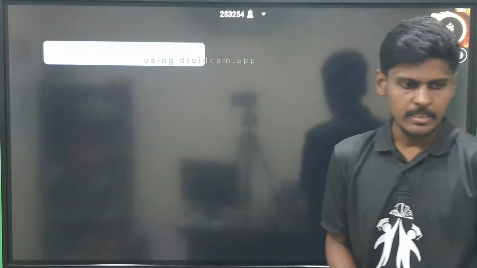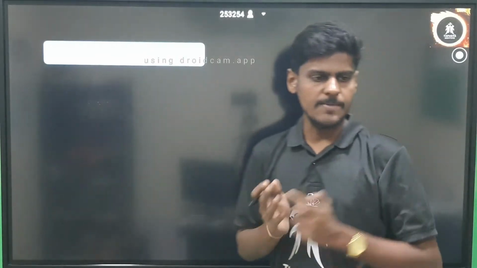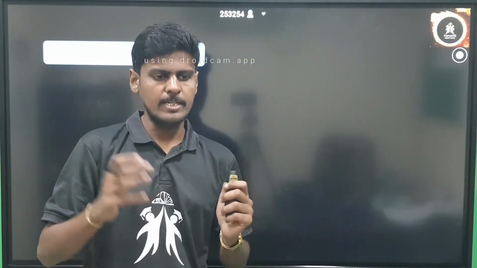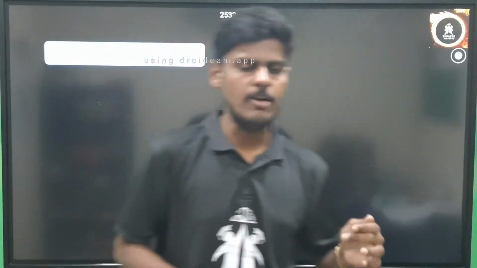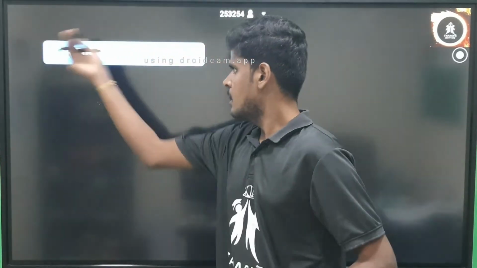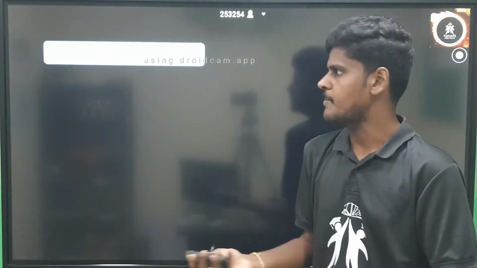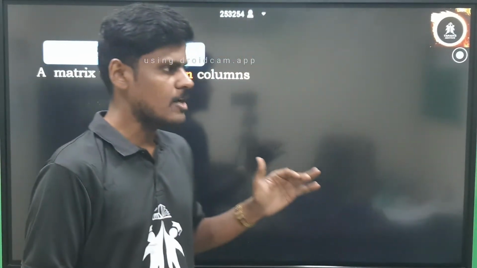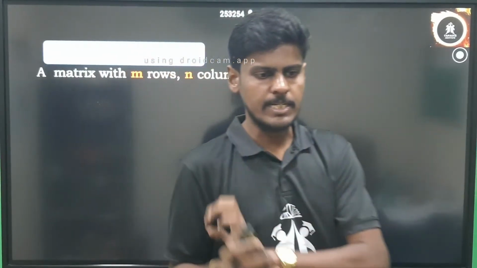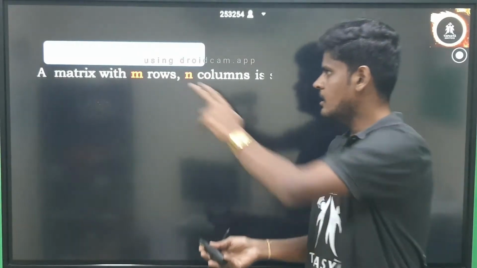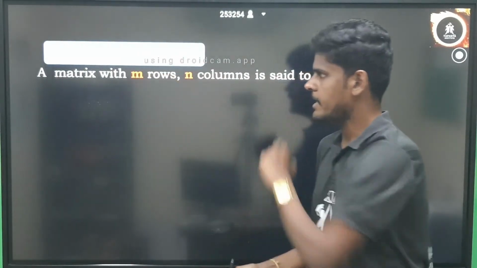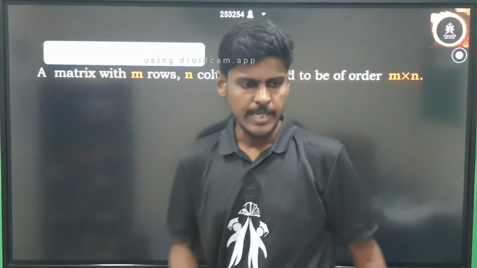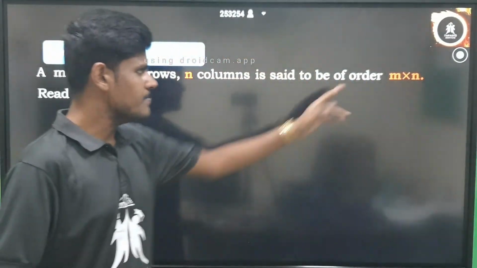Now what is order? Just now we have discussed what a matrix is, how to write elements in the matrix, and what a row is and what a column is in the matrix. Now we will discuss what the order of a matrix is. Order of a matrix is nothing but a representation of the number of rows and columns in a certain manner. That is, a matrix with m rows and n columns is generally denoted by order m by n. M cross n.